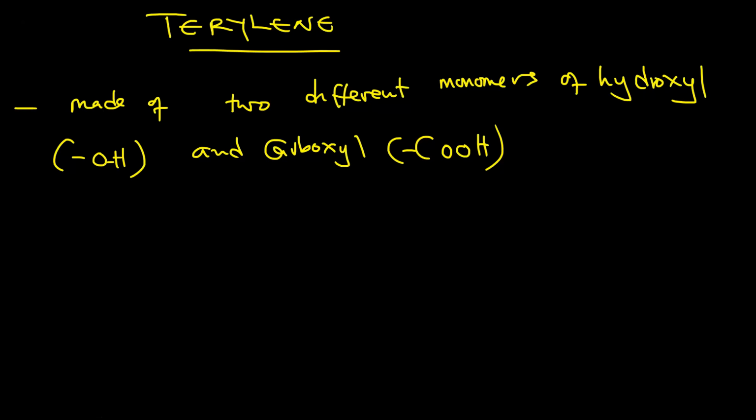Okay, so let us look at these. So this hydroxyl looks like this. Let me try to do this. Looks like this. Then here you have this. So this is the hydroxyl.